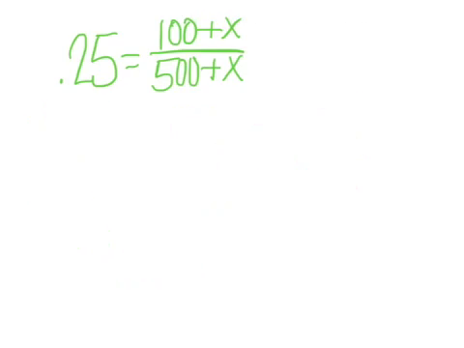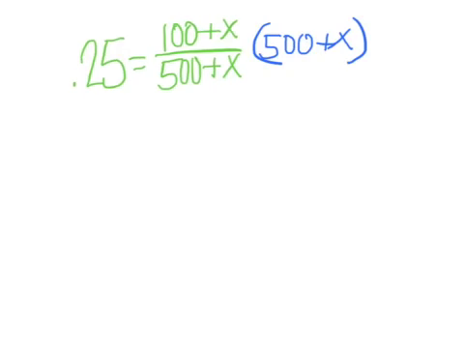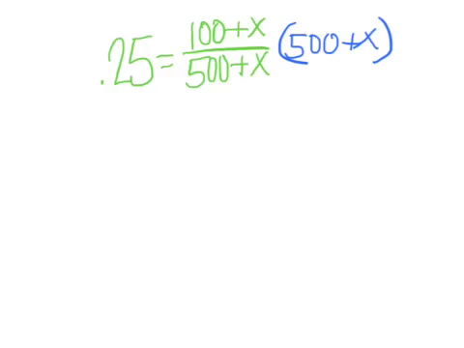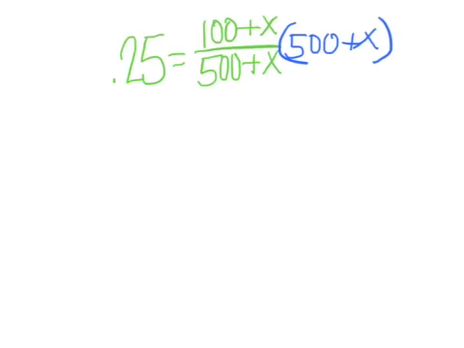So now we'll solve this rational equation. We want to get the x out of the denominator, so we'll do that by multiplying both sides by 500 plus x.